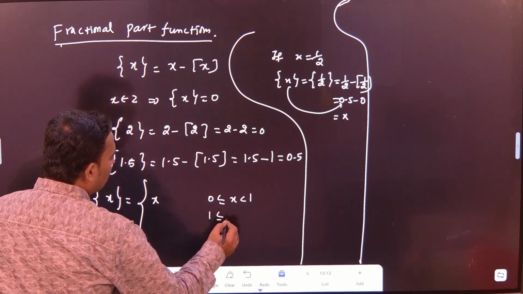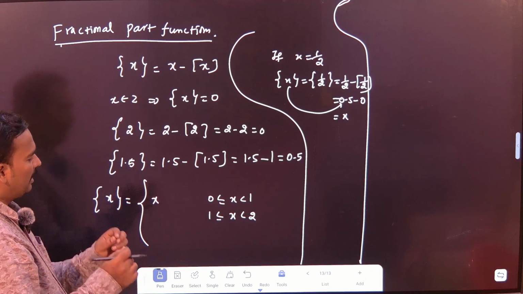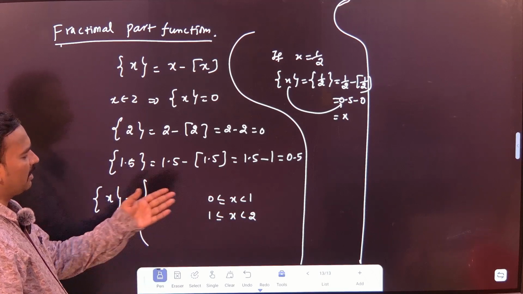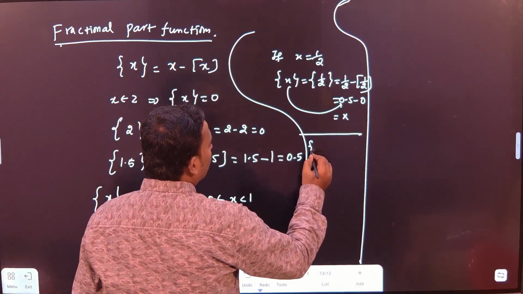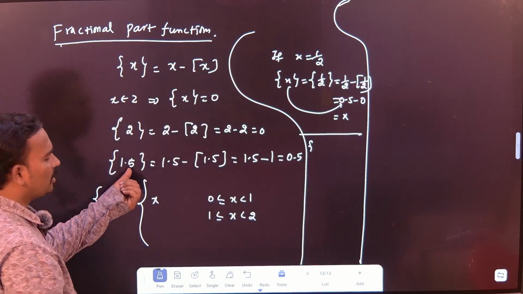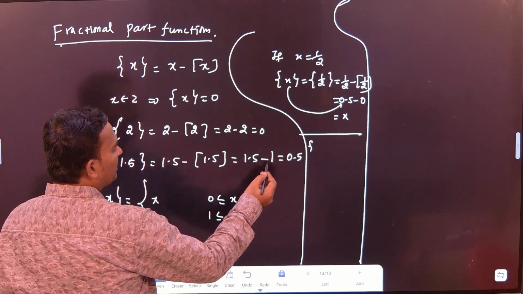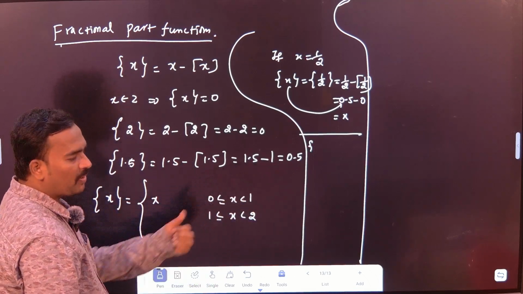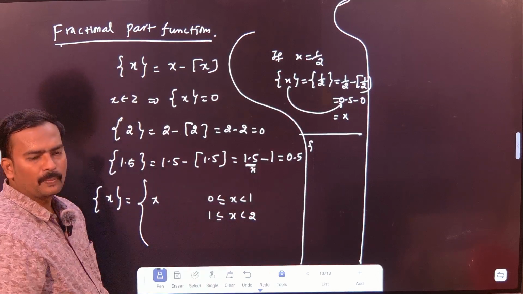When you take x from 1 to 2, what is the fractional part function? Let me take 1.5. You already discussed that. The fractional part of 1.5 is 1.5 minus 1, where 1.5 here is x, any value from 1 to 2.